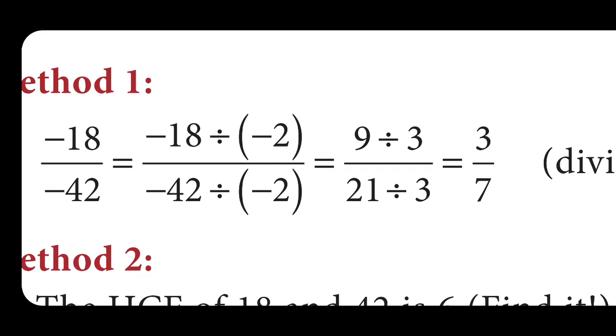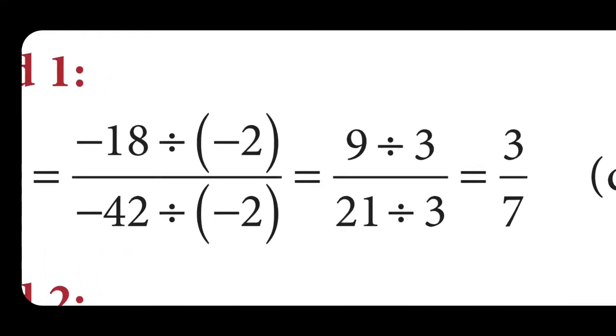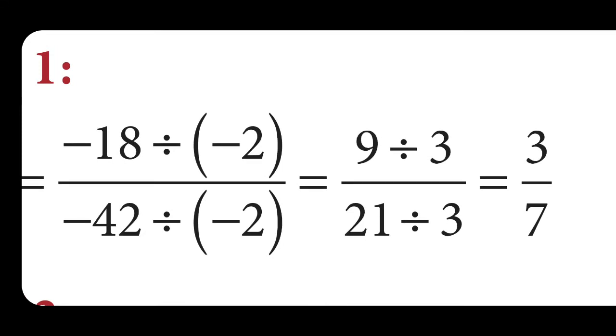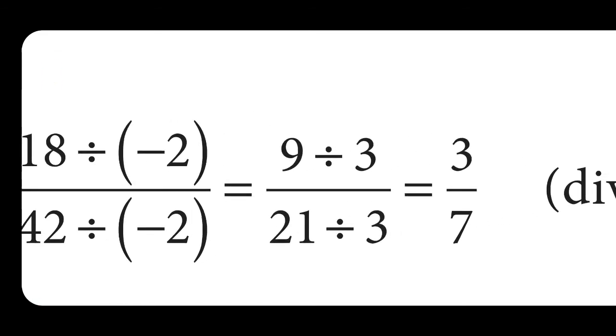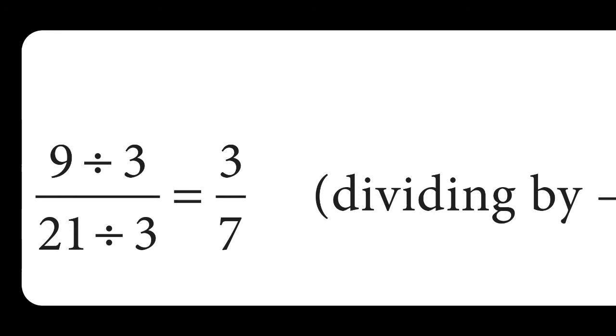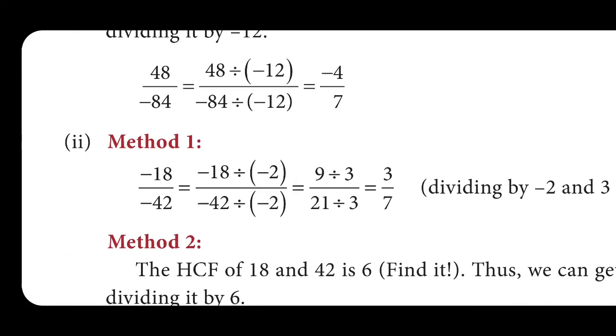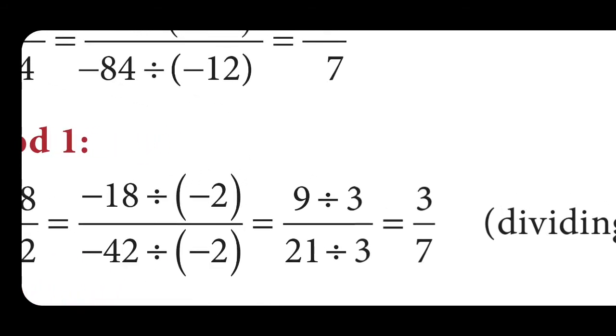And 9 and 21 have the common factor 3, because in the third table 9 and 21 are there. So we divide by 3 on numerator and denominator. 9 divided by 3 is 3 and 21 divided by 3 is 7. Therefore the answer is 3 by 7. So the standard form of minus 18 by minus 42 is 3 by 7.